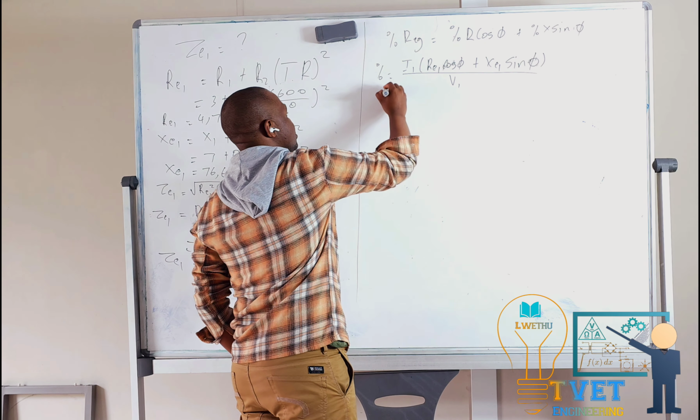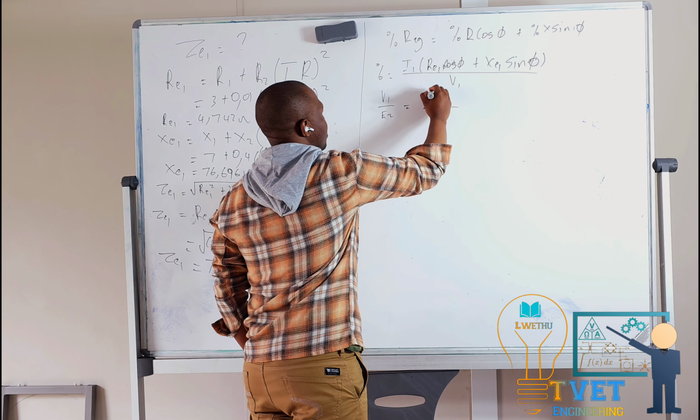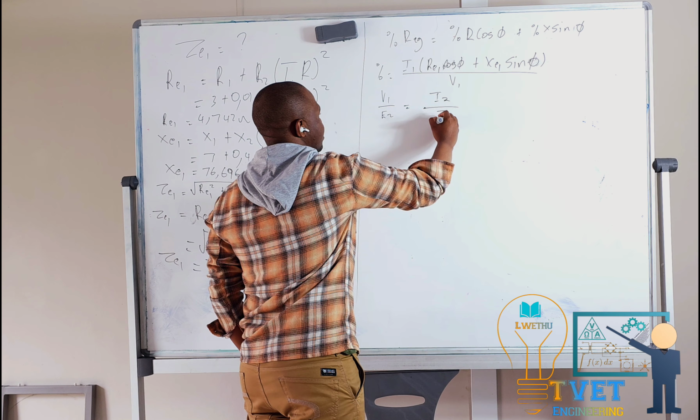I have I2. So I'm going to use the transformer ratio V1 over E2 is equal to I2 over I1.